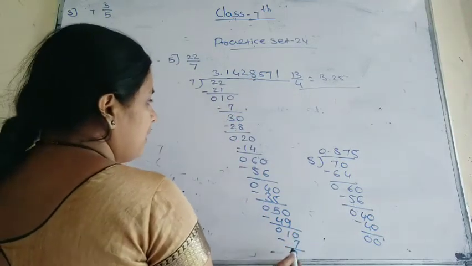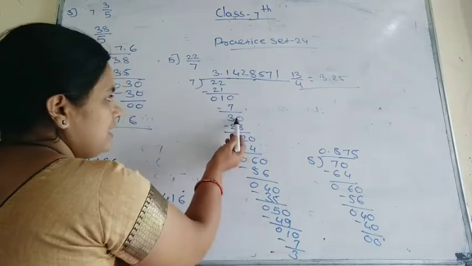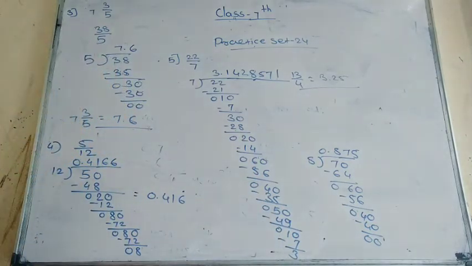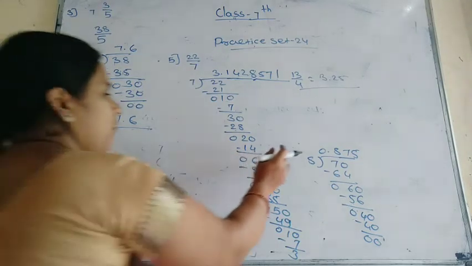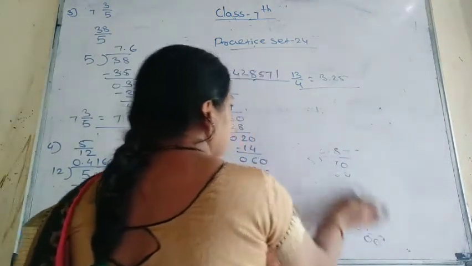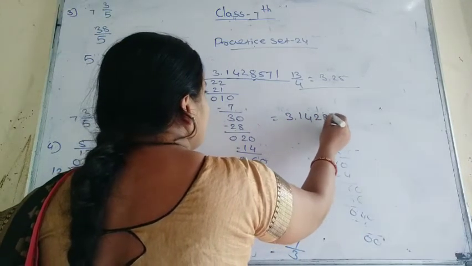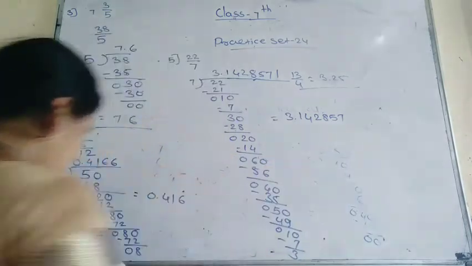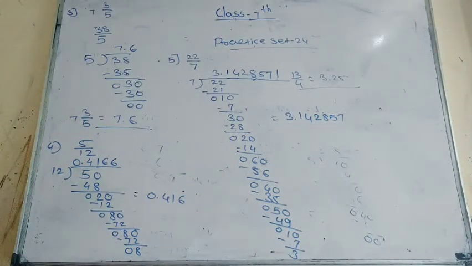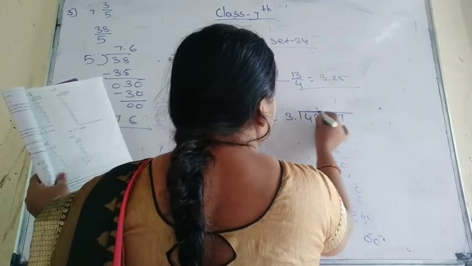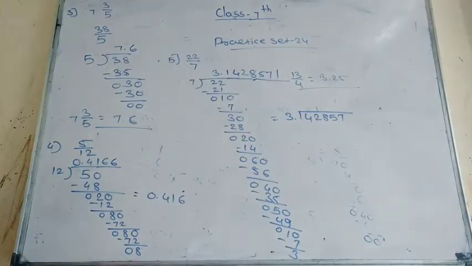Here again the remainders, 3 afterwards 2 4 5, repeat. Therefore write these numbers 3.142857. Now there will be the repetition of this digit. Therefore you write a line over these numbers, 142857.